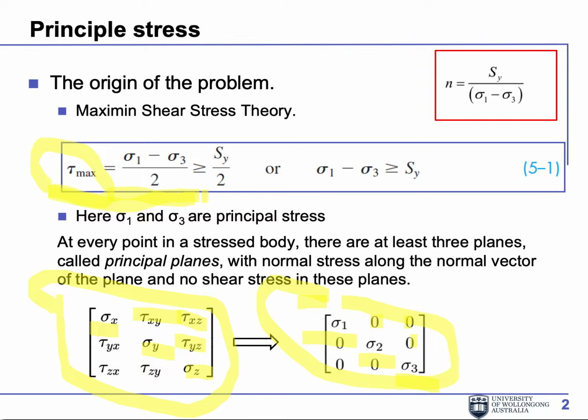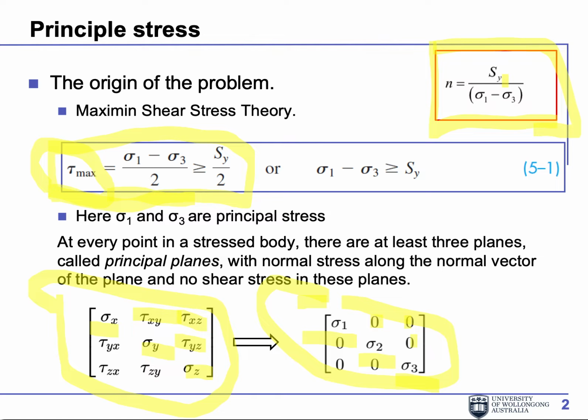If we know these 3 principal stresses, then we can use the maximum shear stress theory to solve the static loading problem. Eventually, if I simplify and multiply 2 on both sides, the safety factor for the maximum shear stress theory is N equal to Sy, the yield strength of the material. We always use yield strength here for non-brittle material.